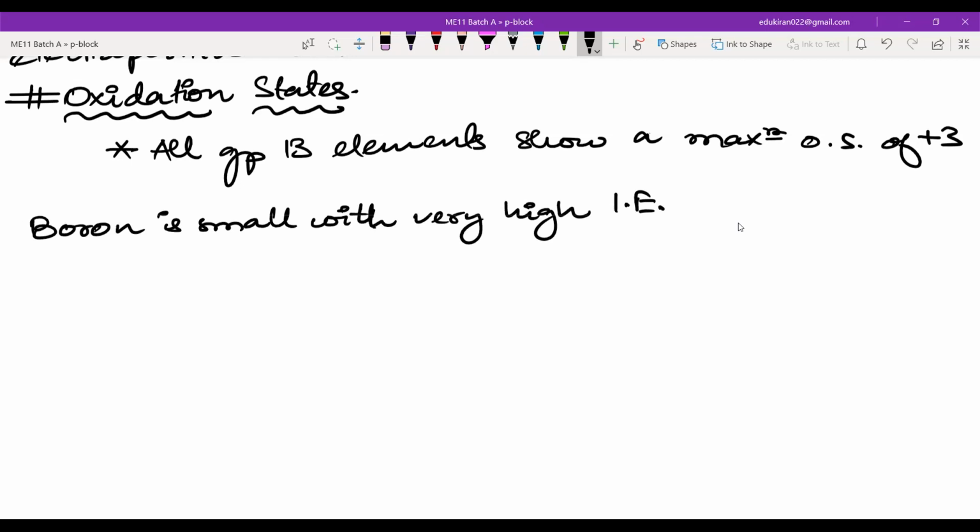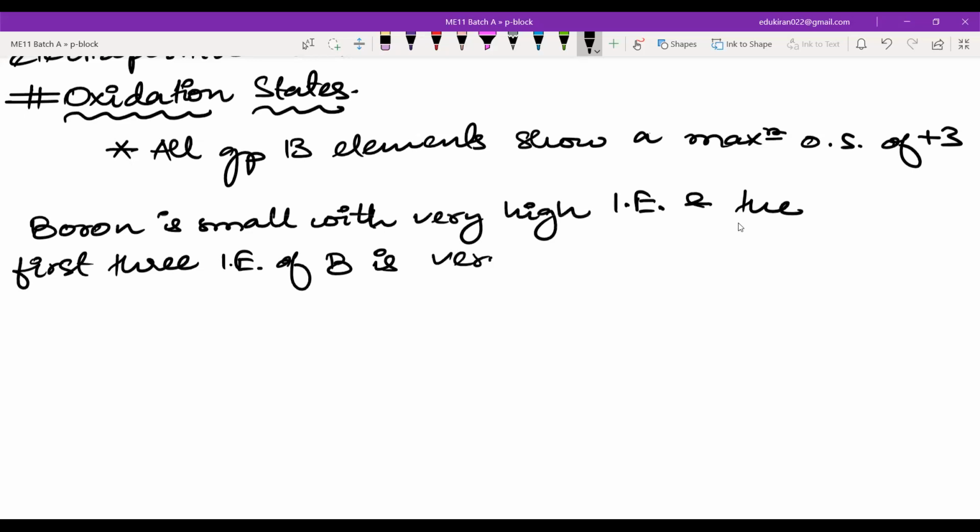If I add the first three ionization enthalpies of boron, the sum is going to be very high. Hence, it is not possible.